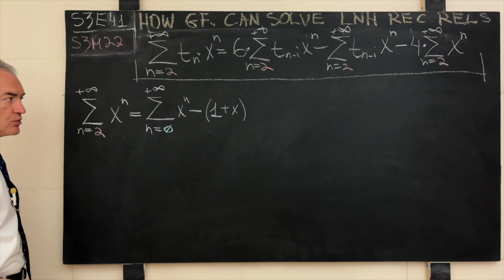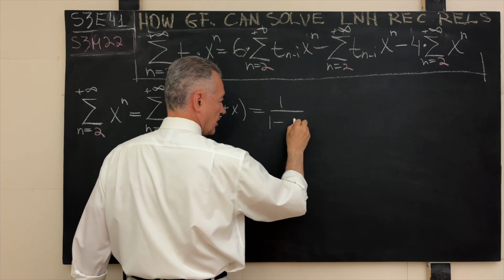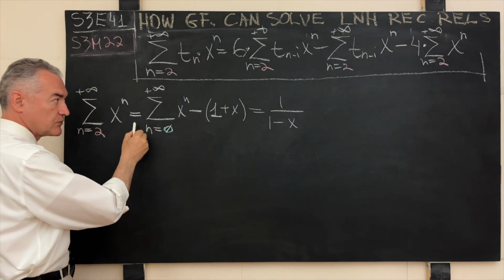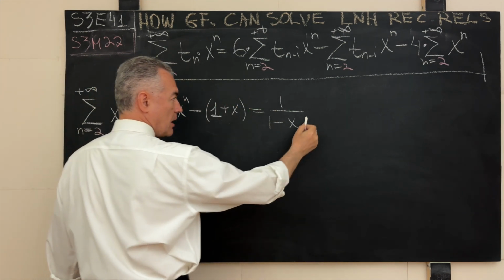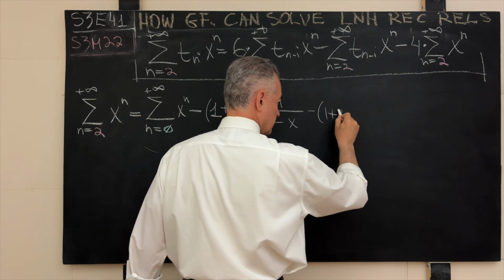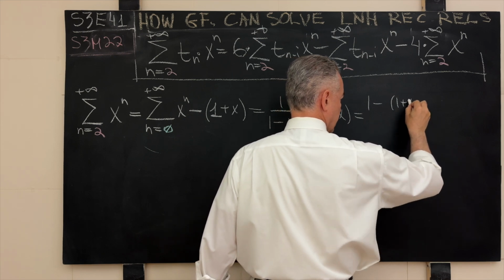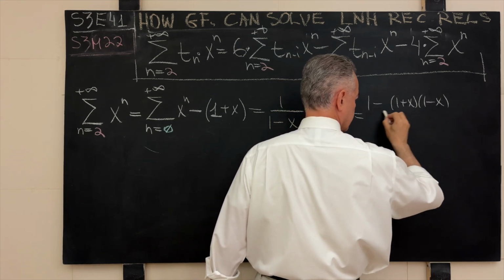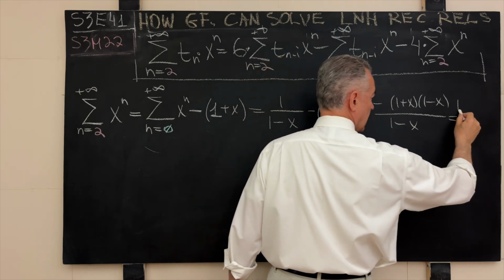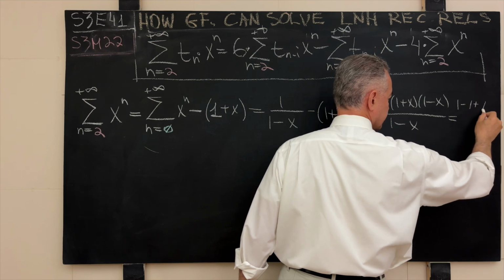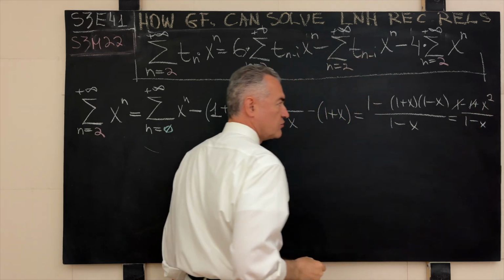There you go. So what does it tell you? It tells you that we have the following result: 1 divided by 1 minus x. Here we flip from the power series representation into the explicit shape of the function, minus 1 plus x. And what is this? 1 minus 1 plus x times 1 minus x over 1 minus x. What is this? 1 minus 1 plus x squared over 1 minus x. 1 and negative 1 cancel out.